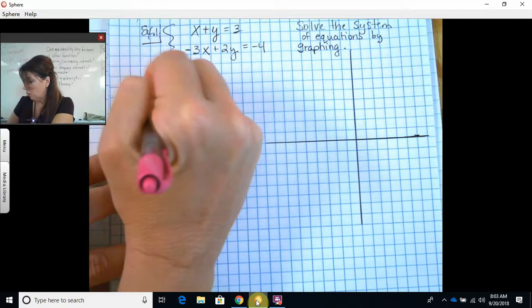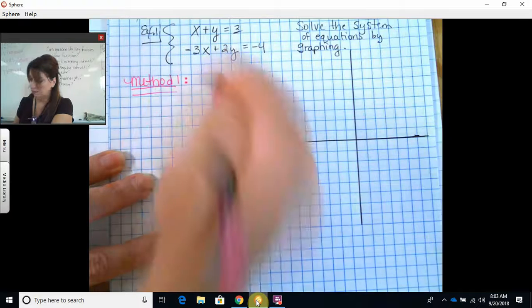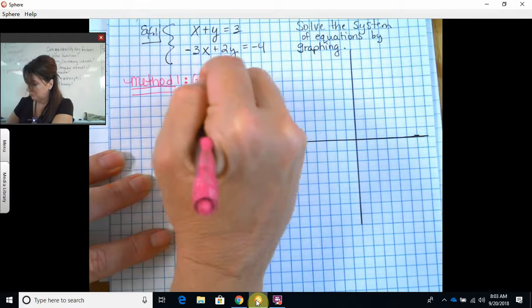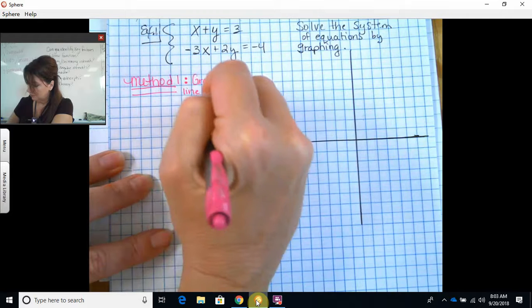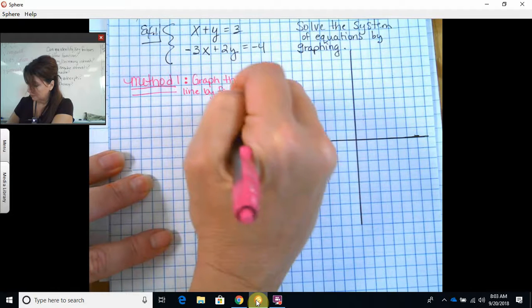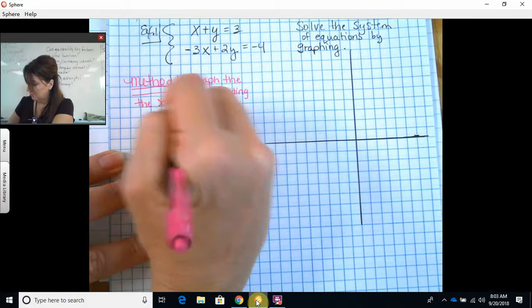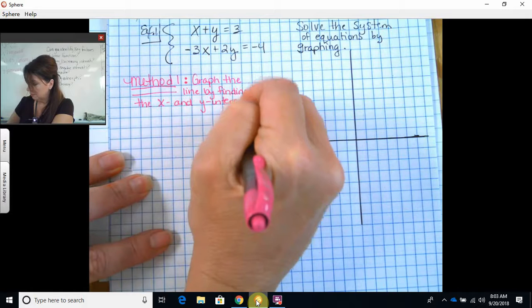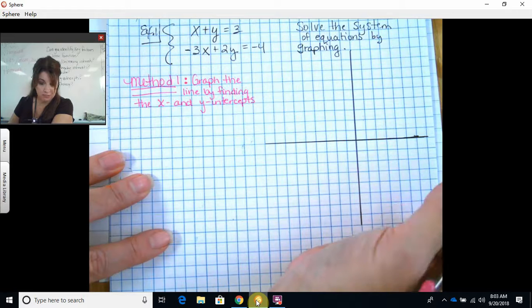So method 1, I'm going to do in pink. In this method, I'm going to graph the line by finding the x and the y intercepts. So I'm going to do that for each equation, okay?